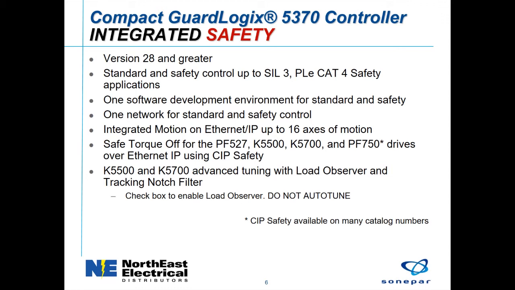It gives you one software development environment and one network for standard and safety control. All of the safety controllers are motion enabled, and depending on the model, can control up to 16 axes of motion over EtherNet/IP. They provide safe torque-off support for the PowerFlex 527, the Kinetix 5500, the Kinetix 5700, and the PowerFlex 750 drives over EtherNet/IP using SIP safety.